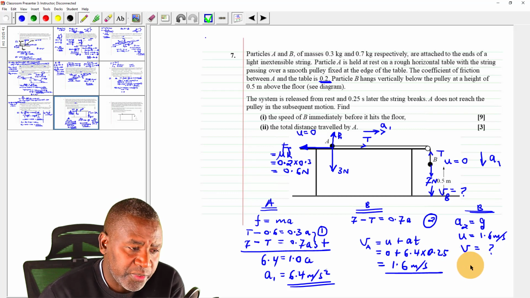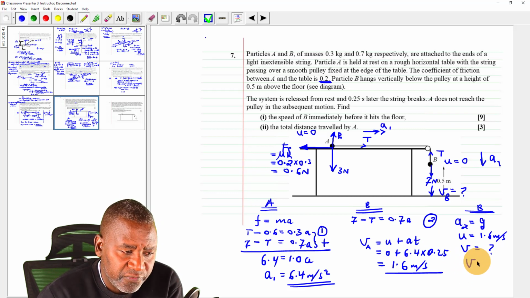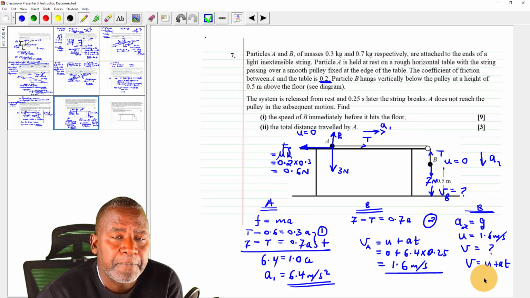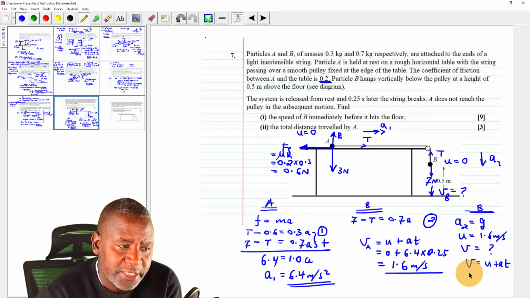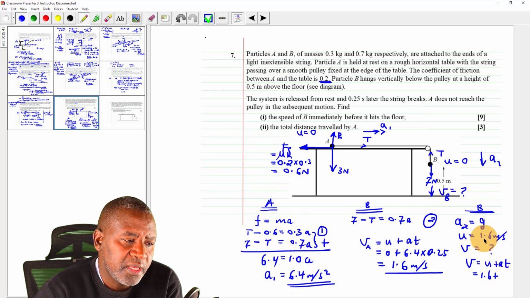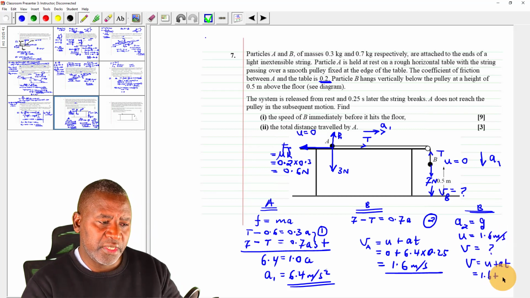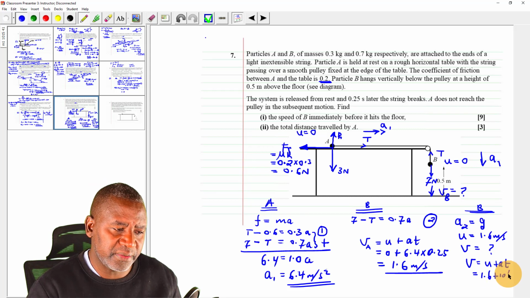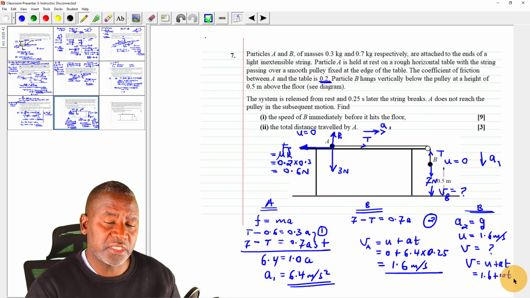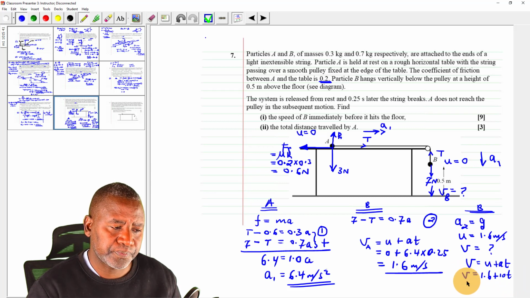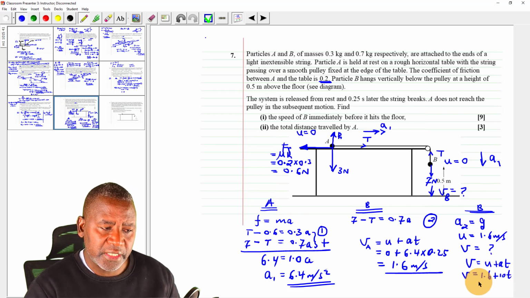But there has to be a way. Let me try v equals u plus at: the u is 1.6 plus the a, which is 10, times t. This is T2. So you can see I can't move further than this.